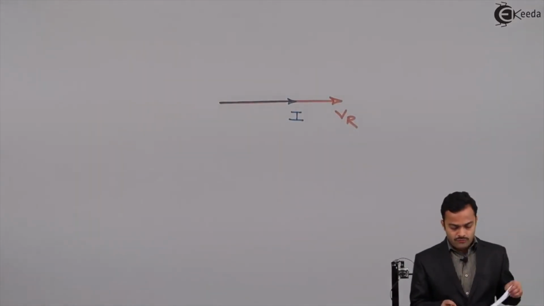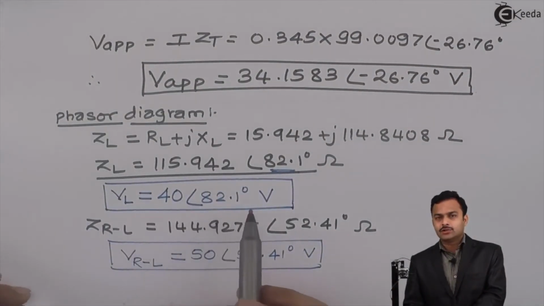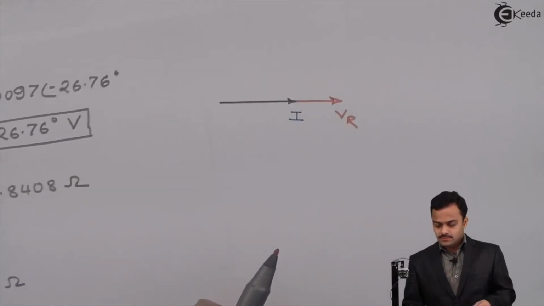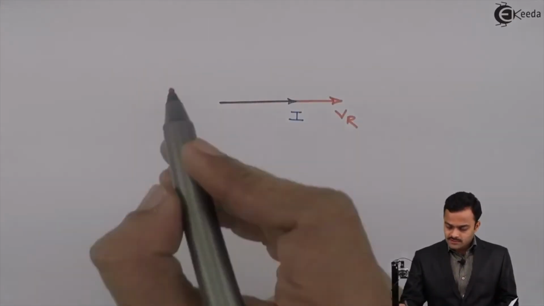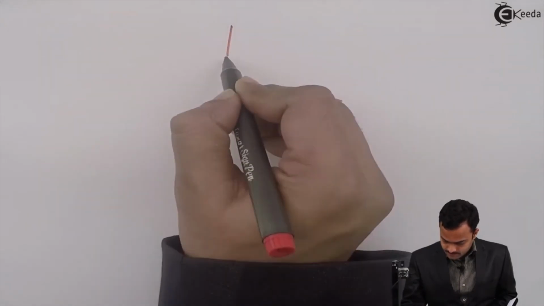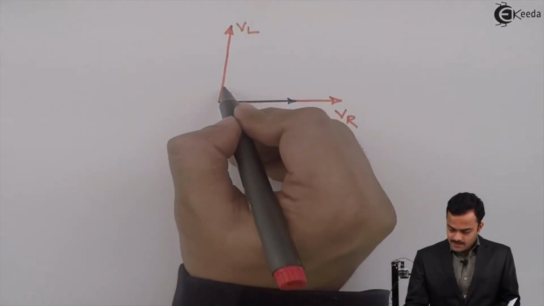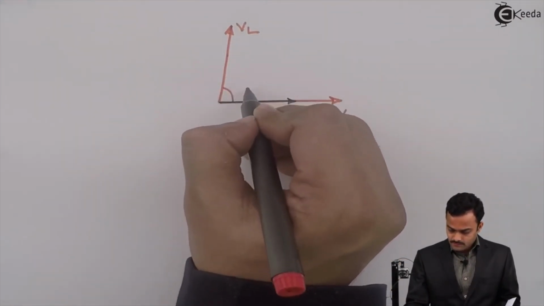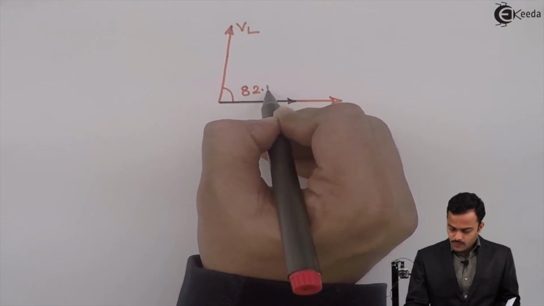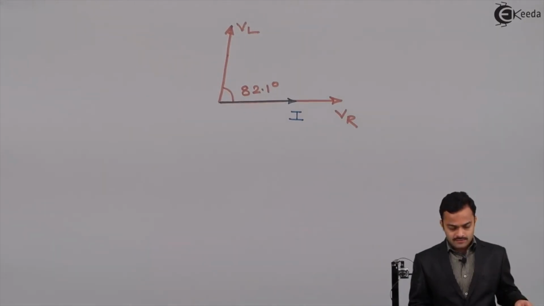Next I will draw VL. So VL is 40 at an angle 82.1. So 82.1 means close to 90. So it is something like this. This will be VL and this angle will be 82.1 degree.